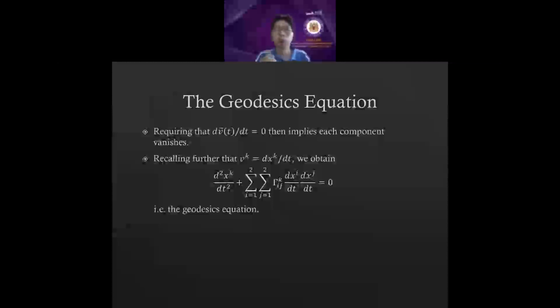Or more restrictively, straight lines are paths in such a way that the rate of change of the tangent vector is equal to 0. So it is from that second definition that I said just now that led to this geodesic equation.